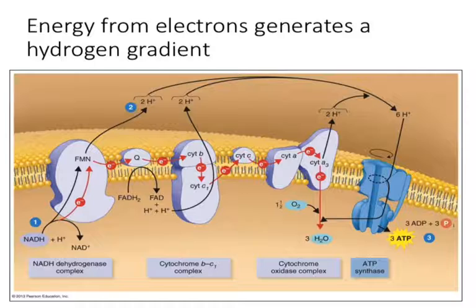In the case of something like nitrate reductase, which is one of the complexes in anaerobic respiration, one of the things that we said happens is that these last couple of complexes aren't used, therefore there's not going to be electrons flowing through them, therefore there's less hydrogen ions that are going to be pumped across.